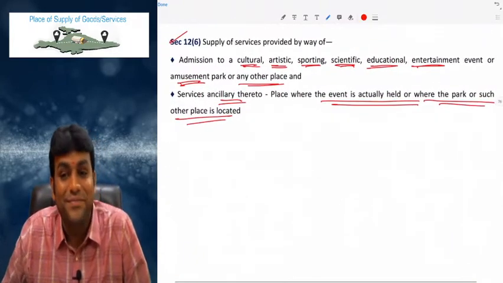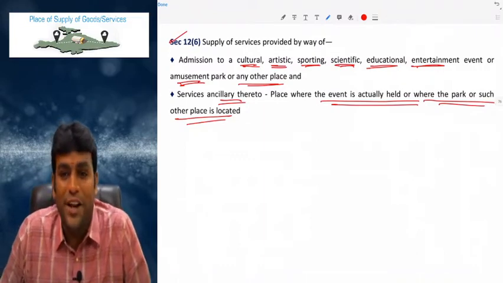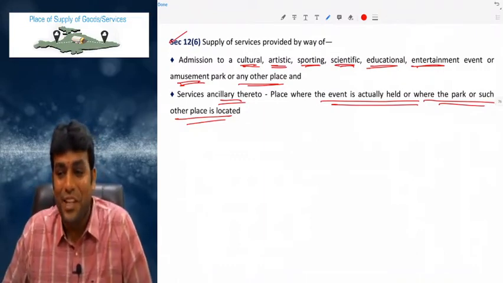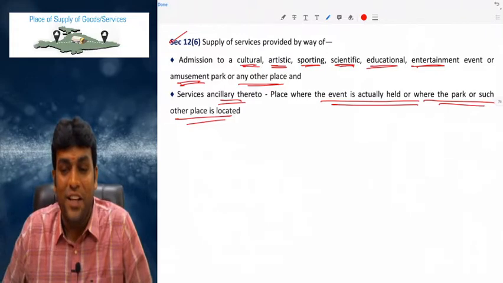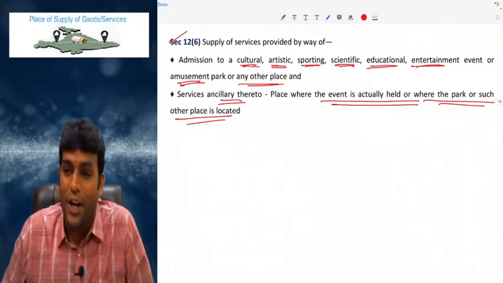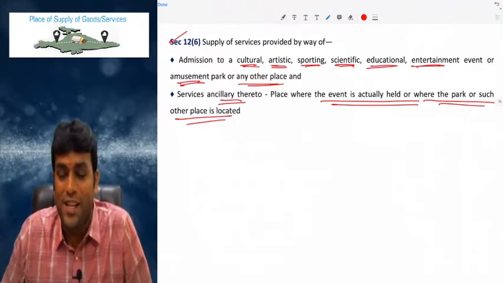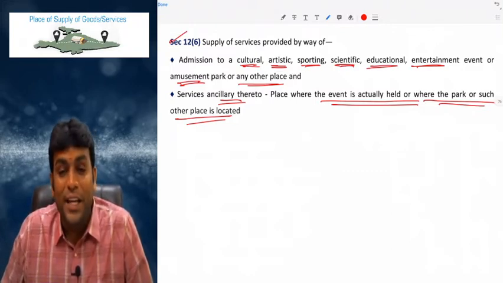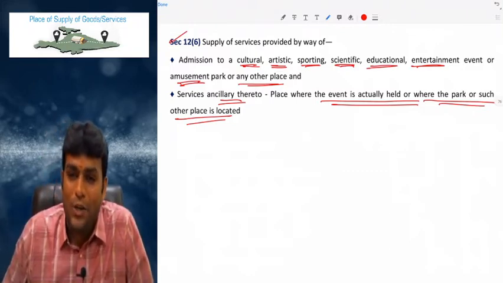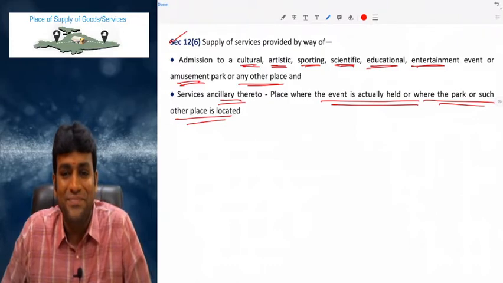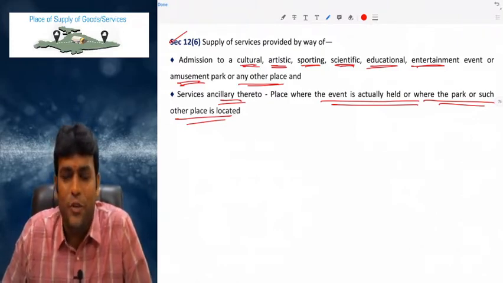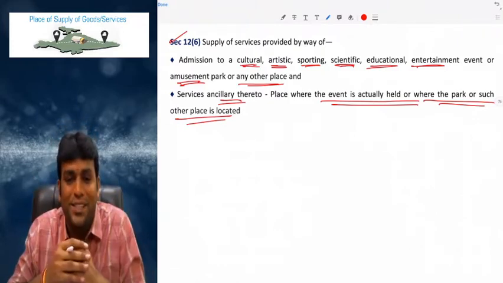Clear, right? That is the end of the story for section 12.6, my dear friends.